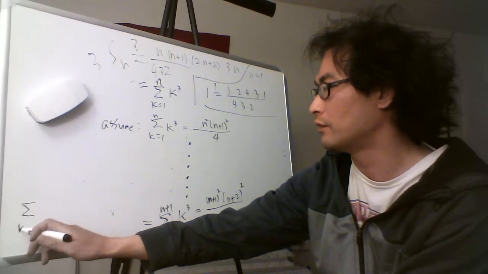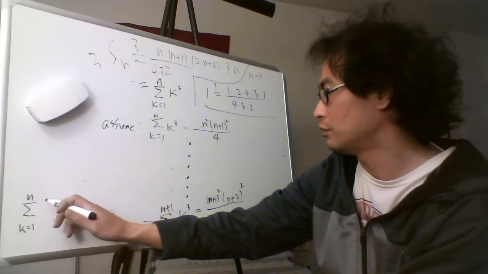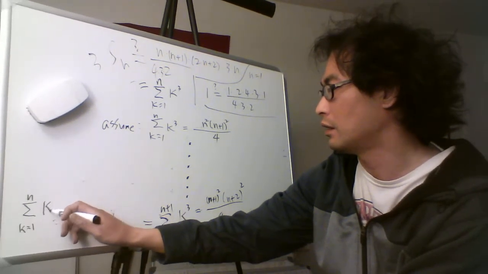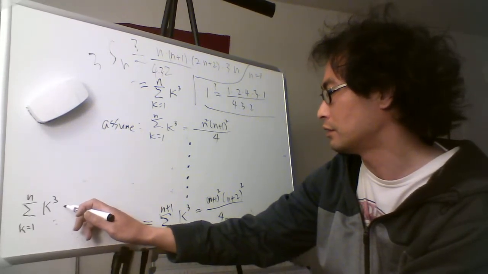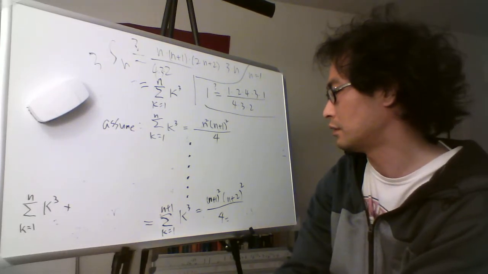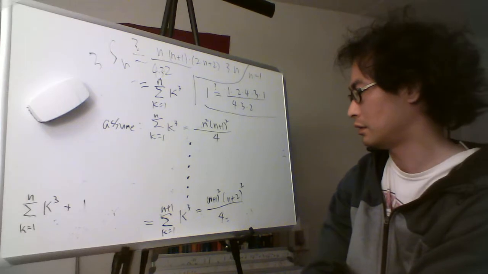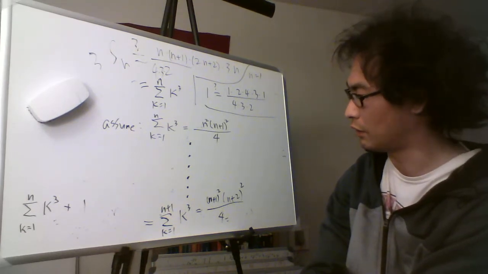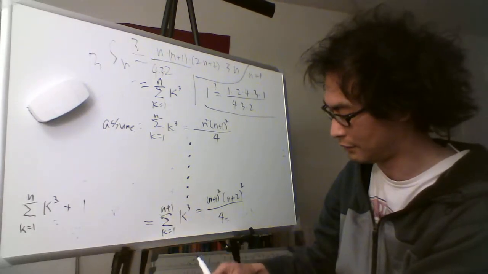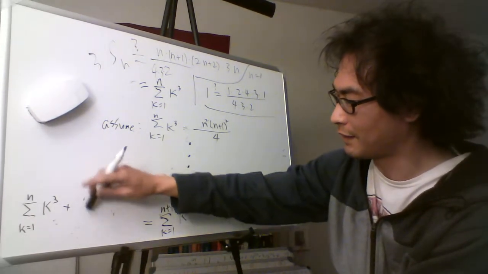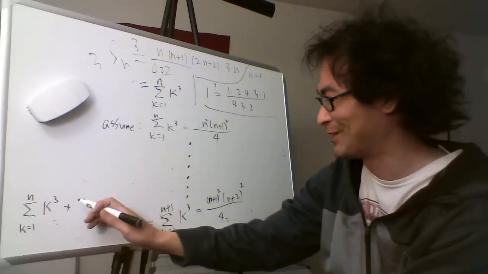So k from 1 to n of k cubed plus, no, n plus 1. I'm sorry. Try to cut the corners.